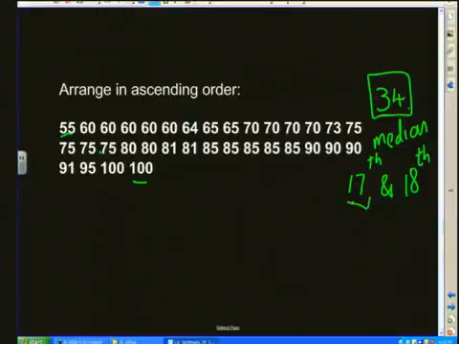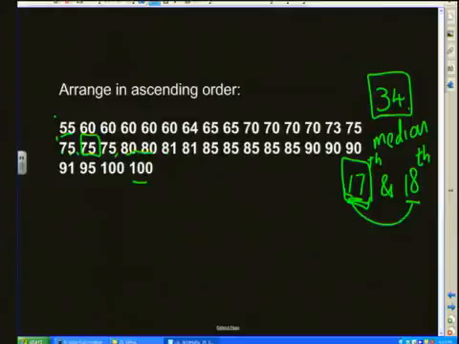But if you look at your data and you order it, it's not possible to just have 75 as the middlemost number, because there'll be more numbers to the left or more numbers to the right than there are on the other side. So what you do is you locate the position of the median as between the 17th and 18th value, and you find the average of those two values.